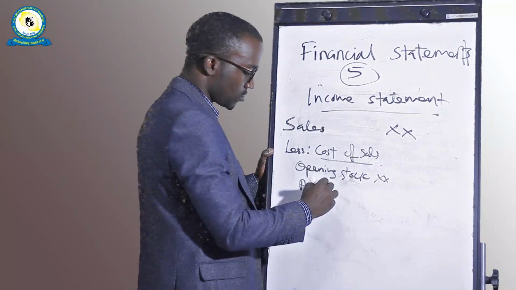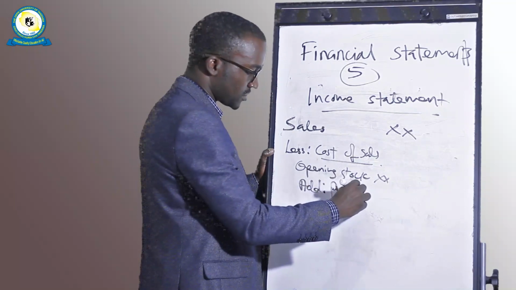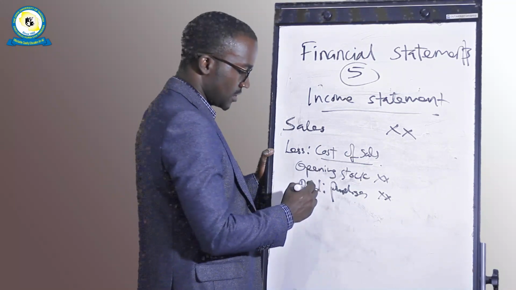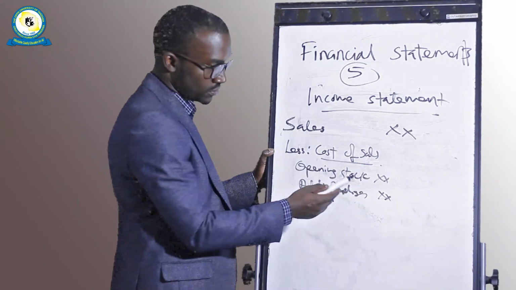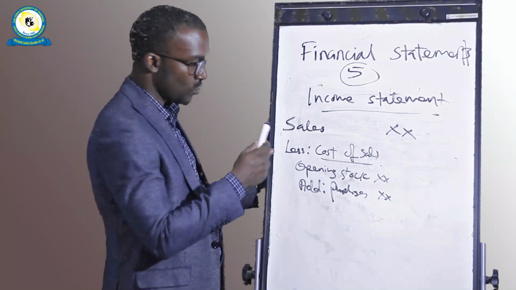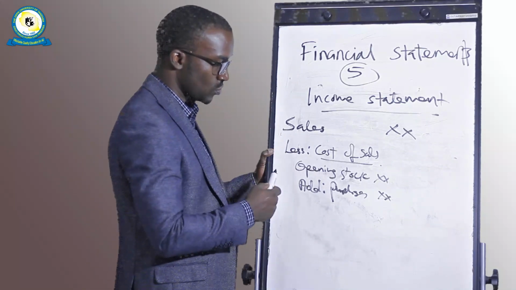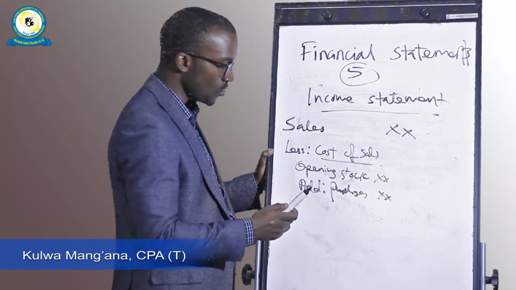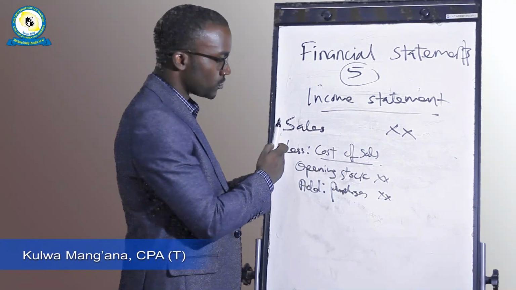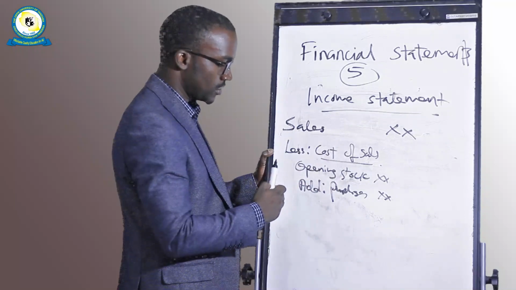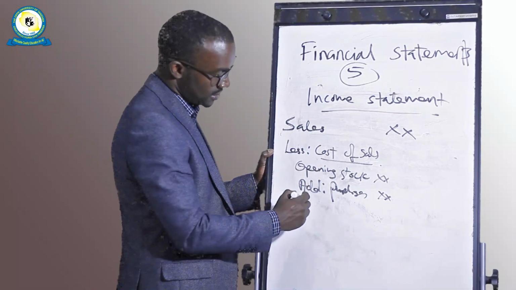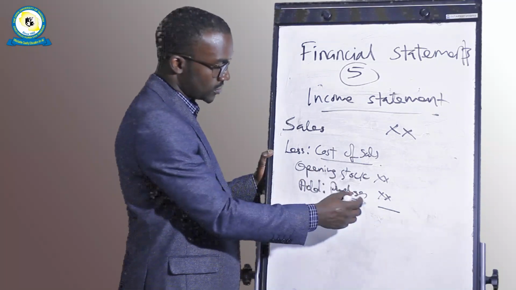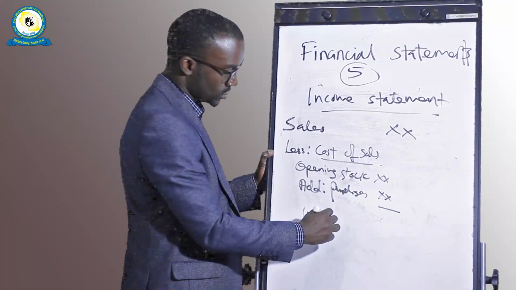From your opening stock, you add purchases, if you purchase new items. So you have your opening stock, the stock that was at your disposal before you had the sales, and then the total from the opening stock plus purchases, you're going to less the closing stock.